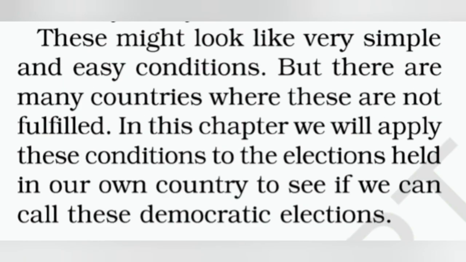These might look like very simple and easy conditions, but there are many countries where these are not fulfilled. In this chapter, we will apply these conditions to the elections held in our own country to see if we can call these democratic elections.